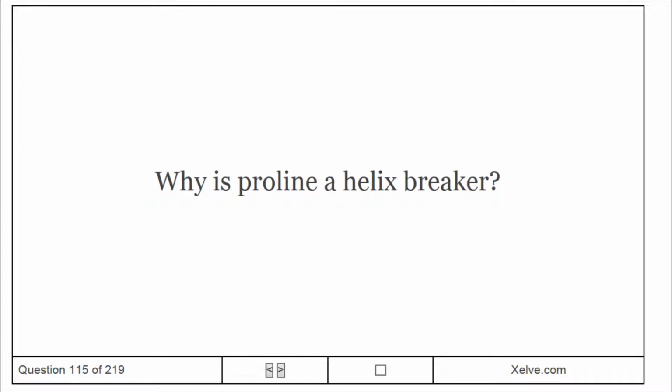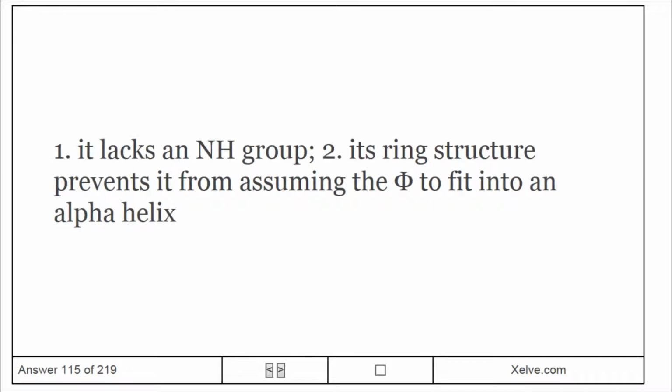One, serine. Two, aspartate. Three, asparagine. Why is proline a helix breaker? 1. It lacks an NH group. 2. Its ring structure prevents it from assuming the phi angle needed to fit into an alpha helix.